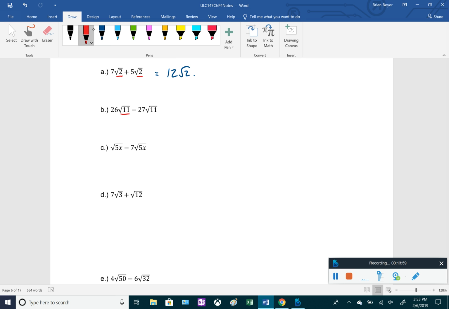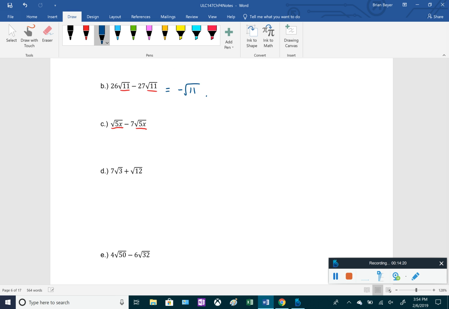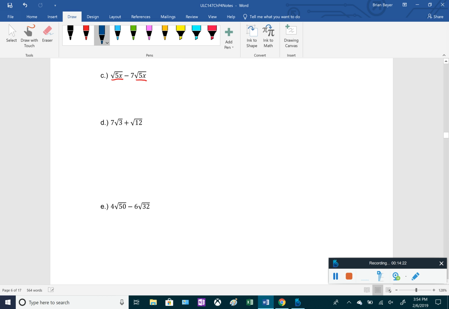So once again, they already have the same radicand, so we can just combine it. So it's like 26x minus 27x. That gives us negative 1 radical 11, which I'm just going to write as negative radical 11. Next one, we still have like radicands, radical 5x minus 7 radical 5x. So that's 1 minus 7, so negative 6 radical 5x.